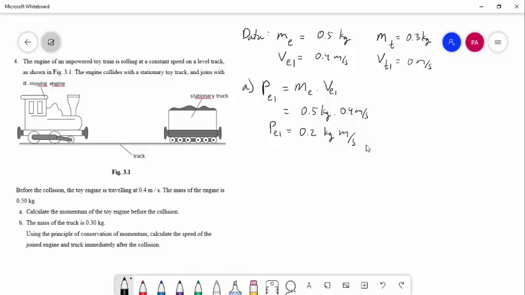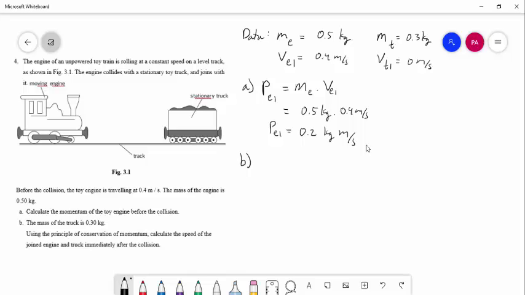Next is B. Using the principle of the conservation of momentum, calculate the speed of the joined engine and truck immediately after the collision. That means the engine and the truck are joined, they become one. So the mass of the engine and the truck, we can just add the total mass.